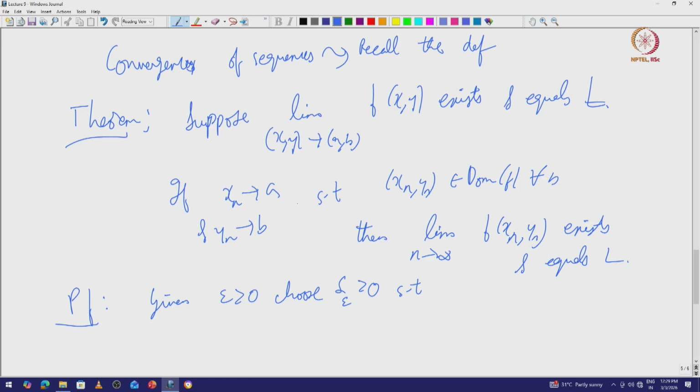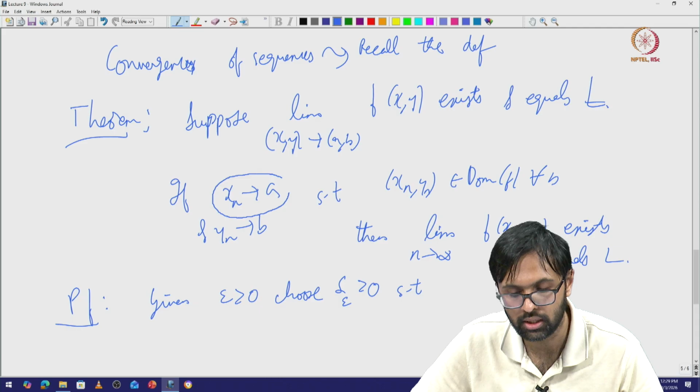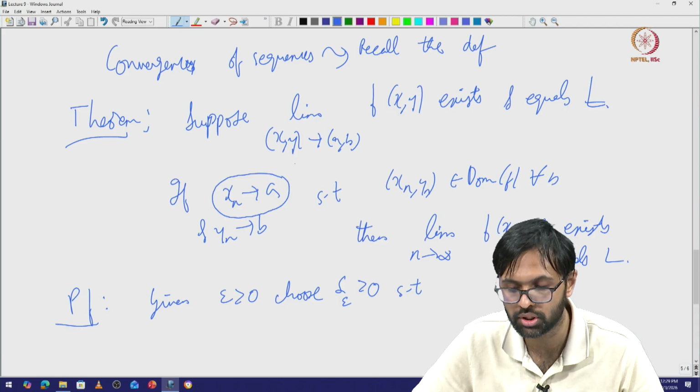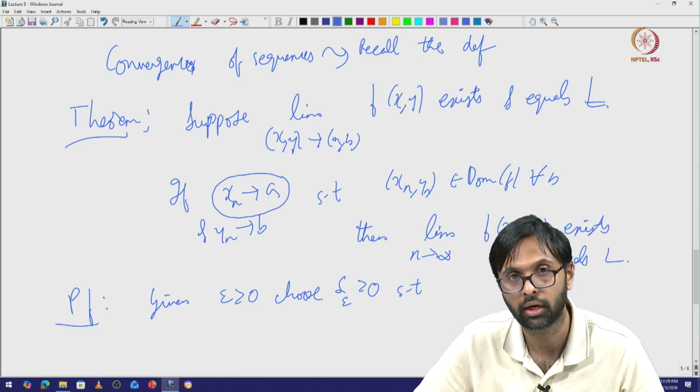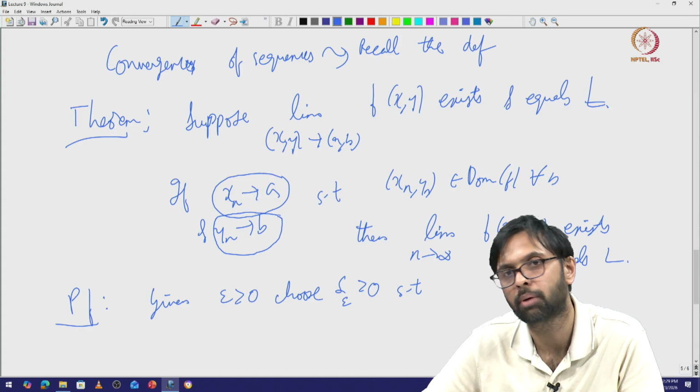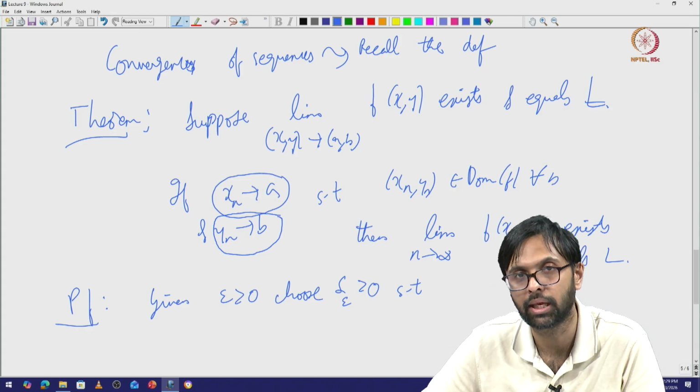Now x_n goes to a and y_n goes to b, which means for sufficiently large n, x_n is delta by 2 close to a. Likewise, if n is sufficiently large, y_n is delta by 2 close to b.